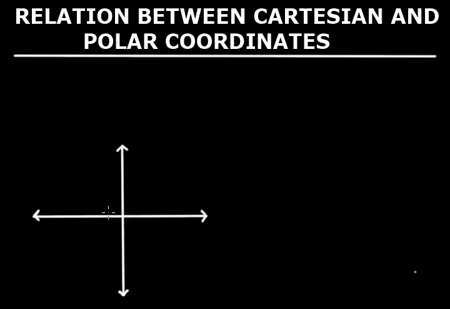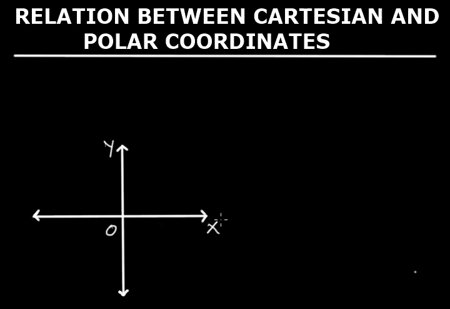If we consider an initial line OX and OY, two perpendicular lines, O is a fixed point and OX is the initial line.